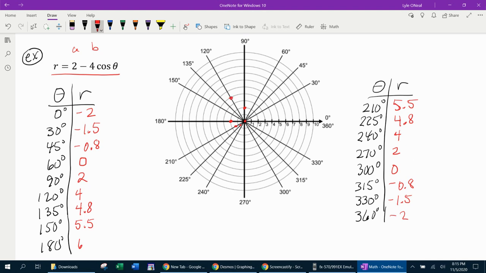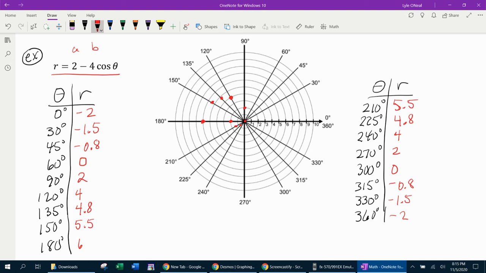We're going to be at 4. And then at 4.8. And then at 5.5. And then at 6. And if you're following those circles, I'm trying to make sure that I'm staying on track. So there's the first half.